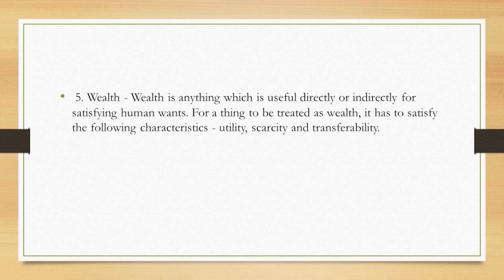And in a broader umbrella term, another term comes to the forefront, and that is called wealth. Wealth is anything which is useful directly or indirectly for satisfying the human wants. For a thing to be treated as wealth, it has to satisfy the following characteristics: utility, scarcity, and transferability.